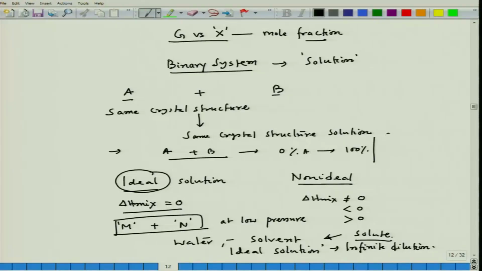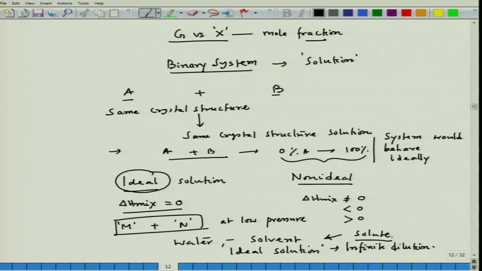So, the system would behave ideally for the entire composition regime. So, we are getting into the ideal system.